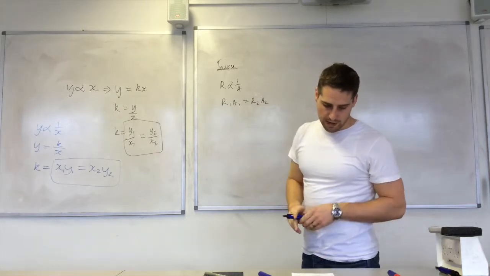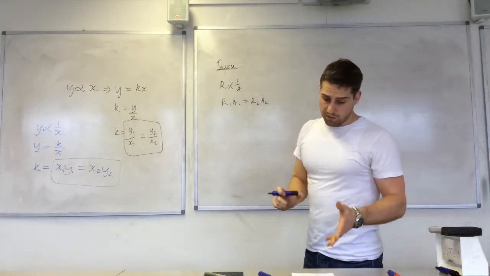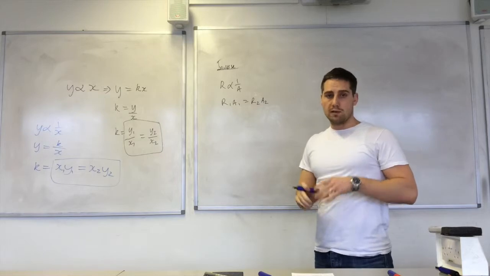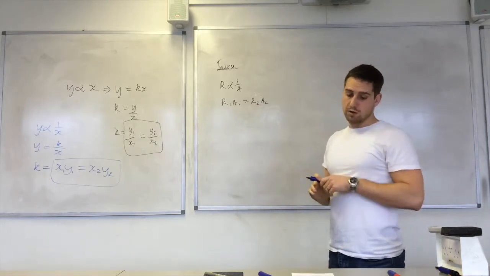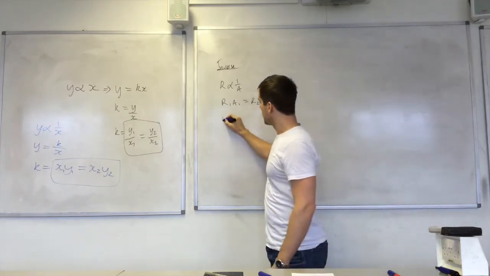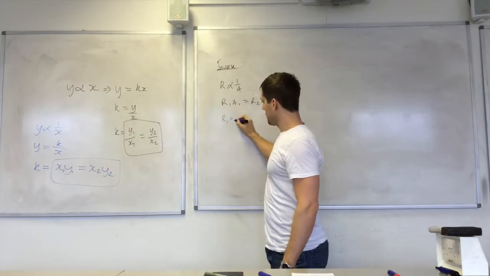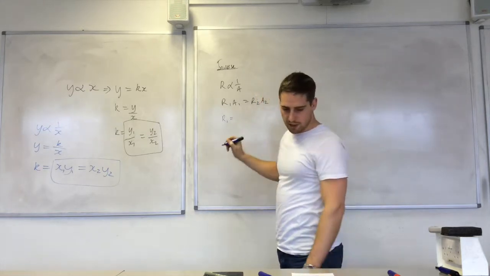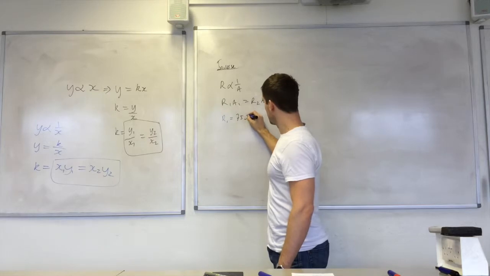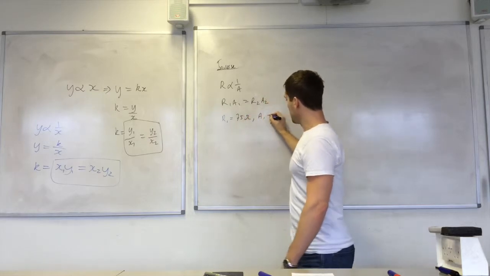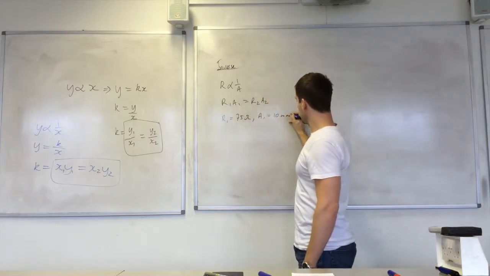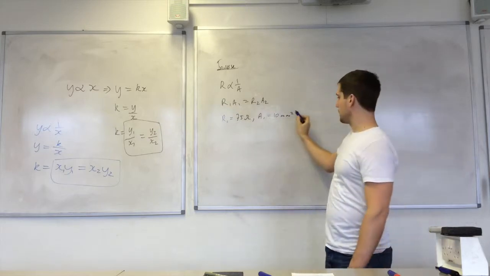And we want to work out what the resistance is for a piece of material with a larger cross-sectional area in this case. So if the resistance initially is 75 ohms for a cross-sectional area of 10 millimeters squared, you'll notice I'll be doing the same thing.